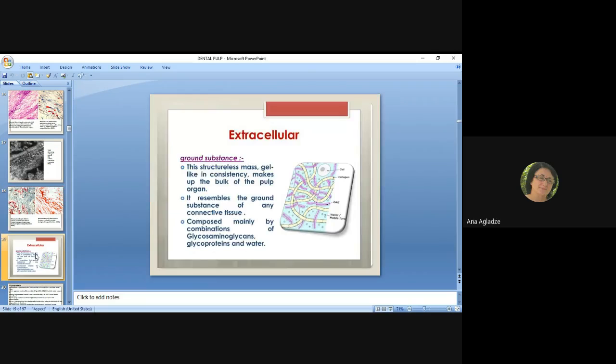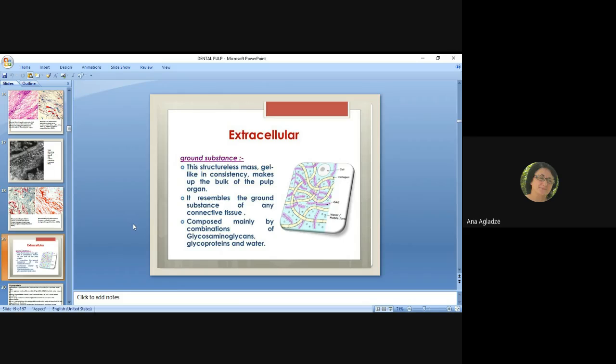Then, what about the extracellular or ground substance? You know that all the pulp cells and the fibrous network are embedded inside a gelatinous ground substance that contains mainly water, about 75% water, and consists of proteoglycans and adhesive glycoproteins.